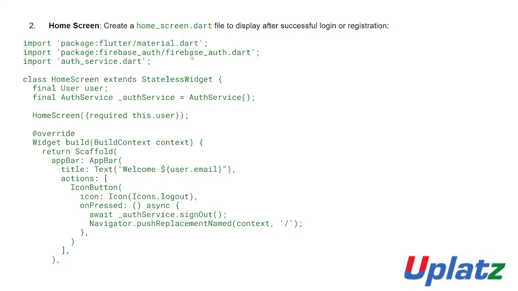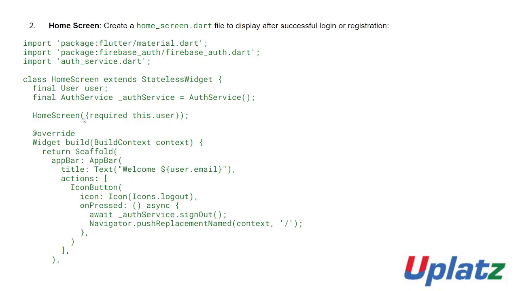Import within quote package firebase_auth dart. Import auth_service dart. Class HomeScreen extends StatelessWidget. Then second bracket open, final User user. Final AuthService authService is equal to AuthService.